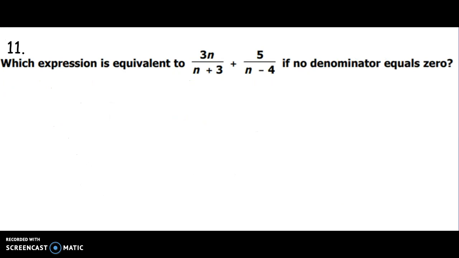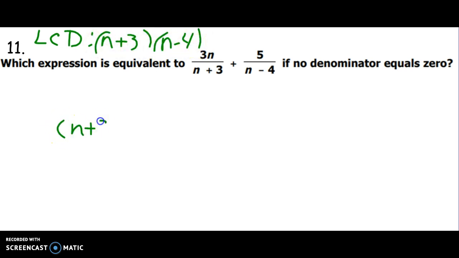For number 11, same thing, same process. My common denominator here is going to be n plus 3 and n minus 4. So I've got my common denominator, n plus 3, n minus 4. What does my common denominator have here that this one's missing? Well, it's missing an n minus 4.